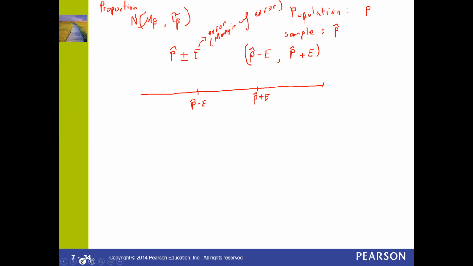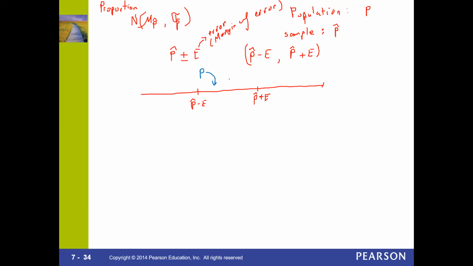So this is how it can happen. It can happen that P falls inside here. Then I did a good thing.